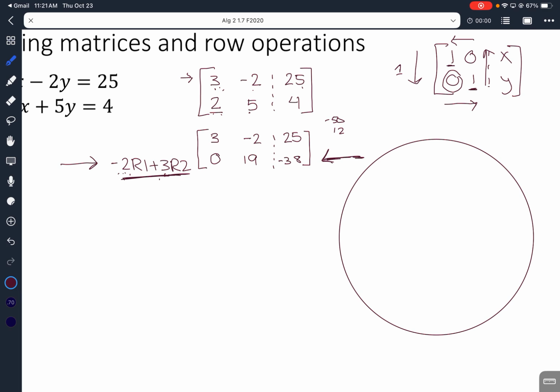I like to keep my negative in the row that's not changing. I do better with it, instead of thinking of it as subtraction. So then I do it. Negative 6 and 6 is 0. 4 and 15 is 19. Negative 50 and 12 is negative 38.